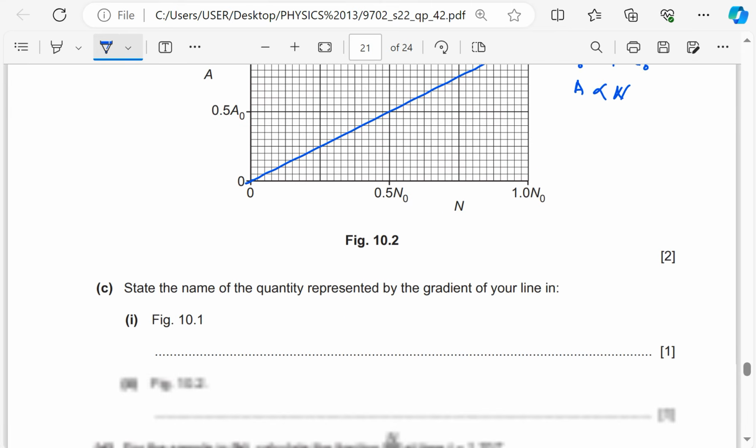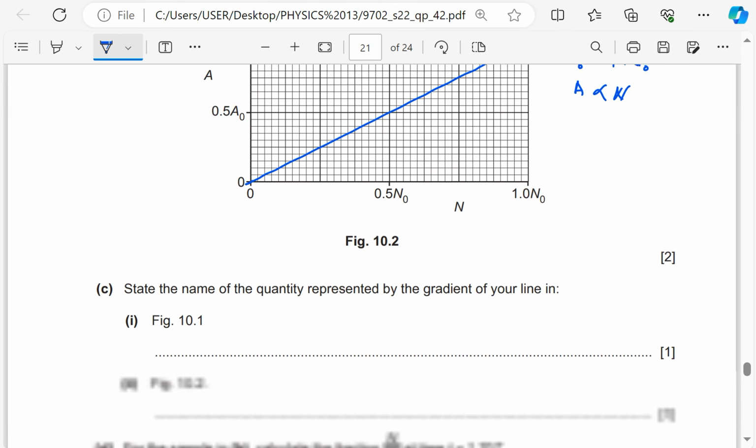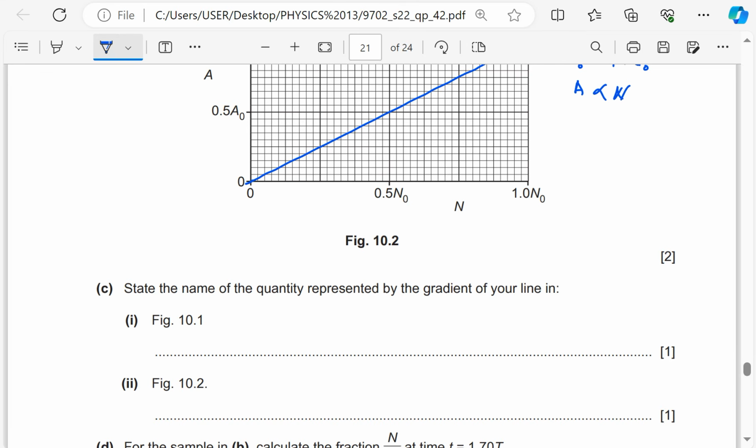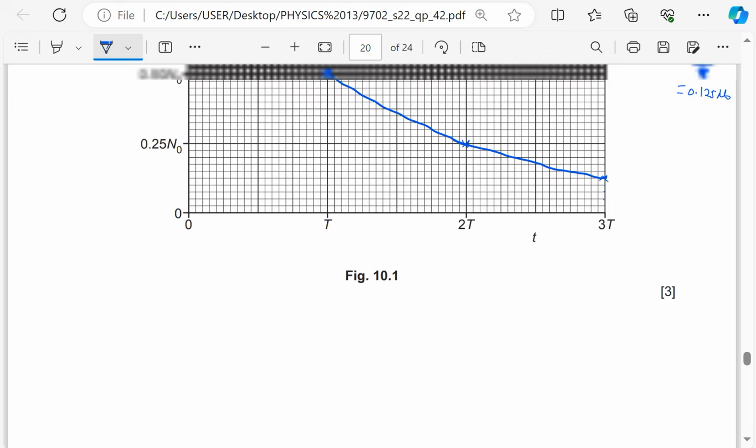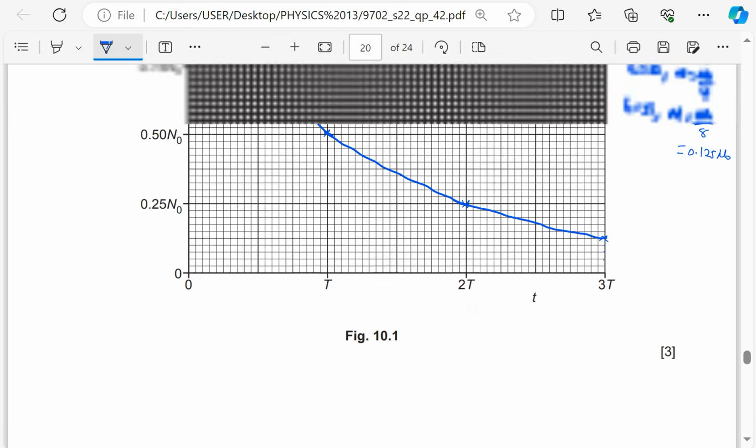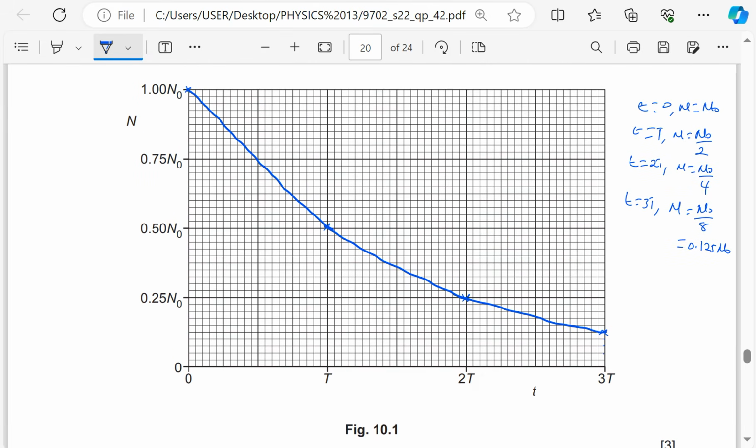Then state the name of the quantity represented by the gradient of your line in figure 10.1. The gradient is going to be change in N divided by change in t. Of course, this is going to be activity.